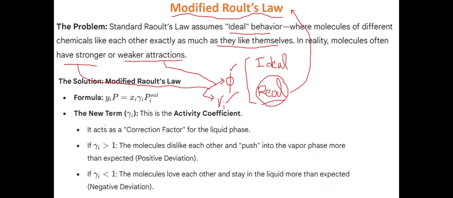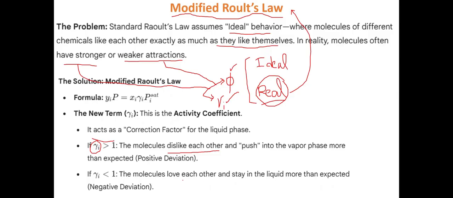Here we use gamma, right? If gamma is greater than 1, the molecules dislike each other. The value of gamma will be calculated based on an equation of state or different mathematical expressions. The molecules dislike each other, meaning there are attractive forces or repulsive forces. Obviously, if they dislike each other, they have more dominant repulsive forces.